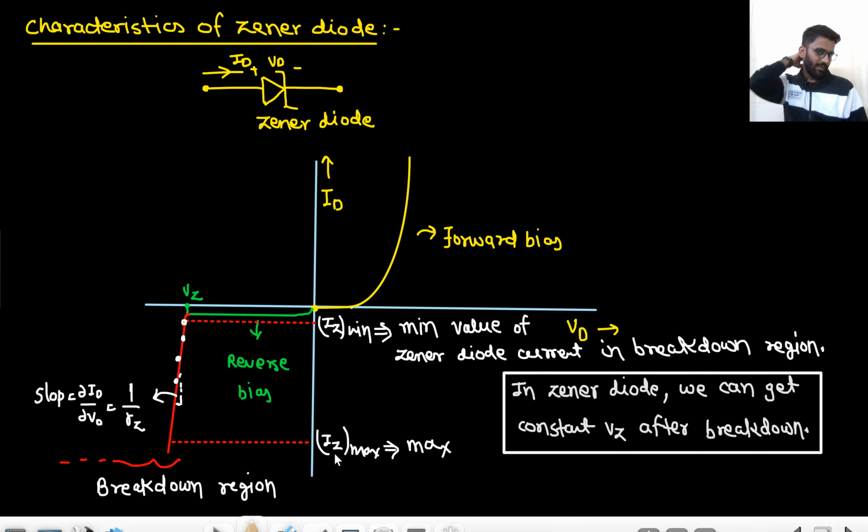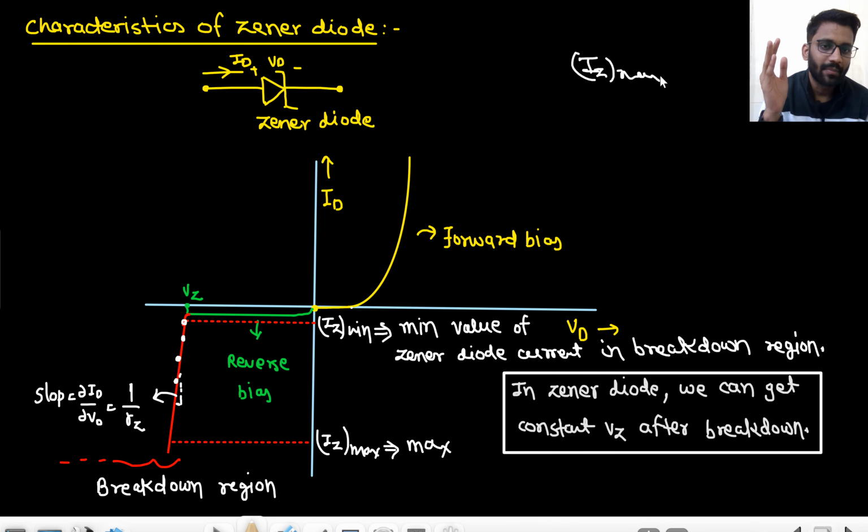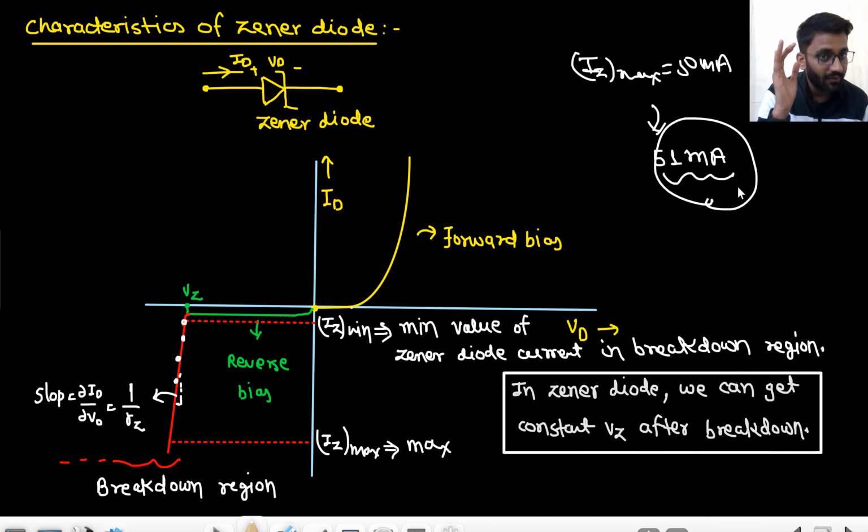What do I mean by IZ max? This is the maximum current that can flow through the Zener diode. Let's just assume a Zener diode has IZ max equal to 50 milliampere. If you connect the diode in such a way that more than 50 milliampere flows through it, let's say 51 milliampere, then at that value of current the device will burn out. Are you getting my point?